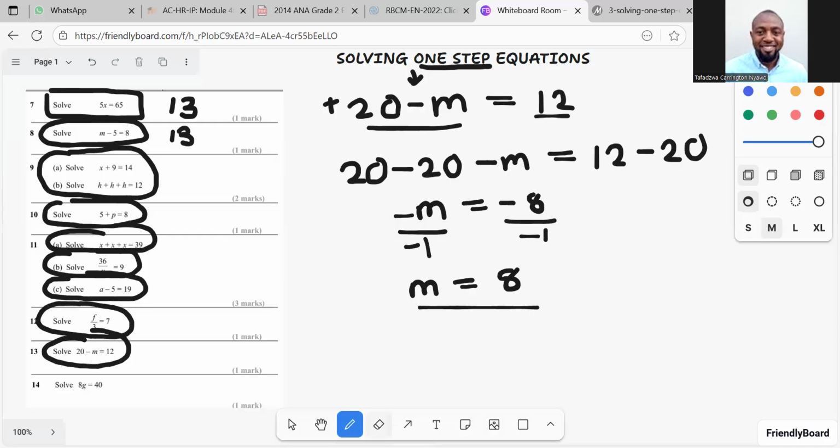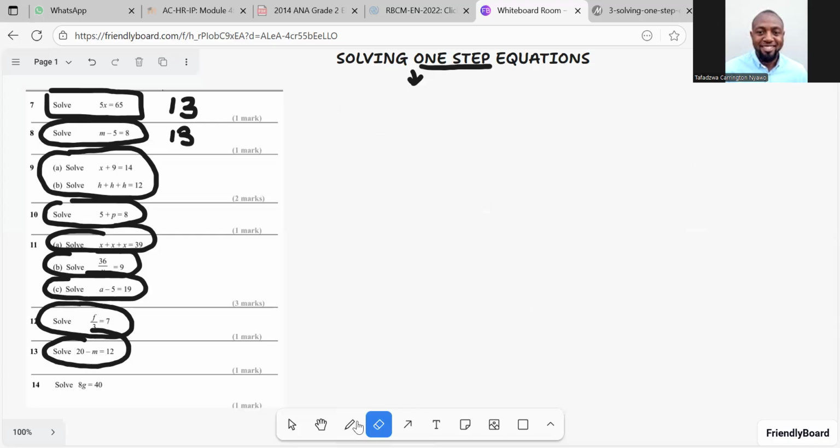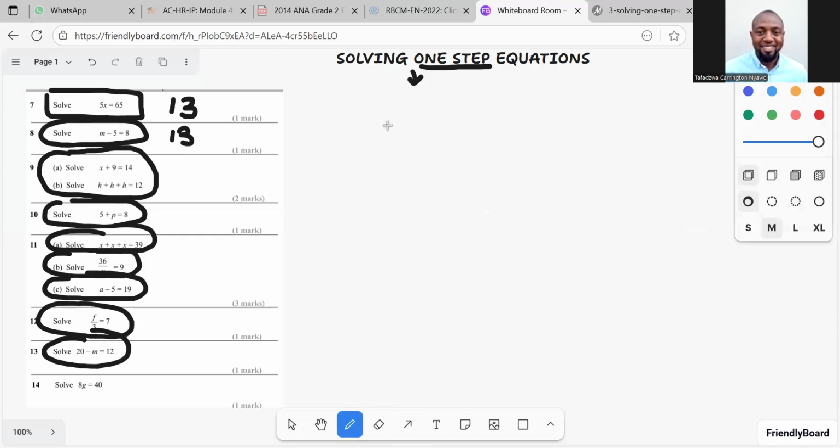All right, so now let's look at the last one for the day. The more you practice these equations, the more you'll be able to solve them without any struggle. So 8g is equal to 40. This one is super easy.